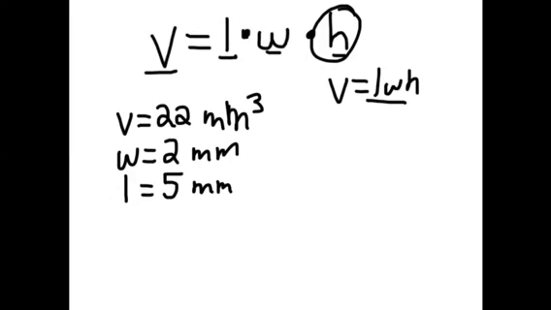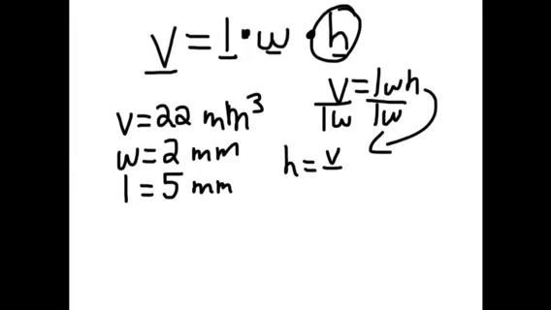So we're going to divide length times width out of LWH, length times width and height, on both sides, so that we're left with height equals volume over length times width. So now we can plug in our values.